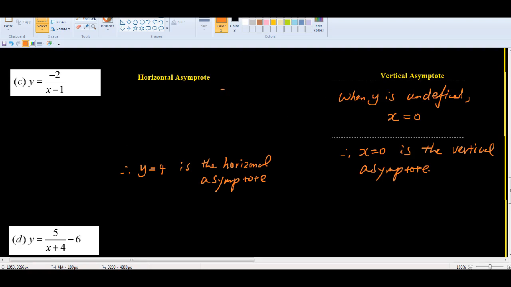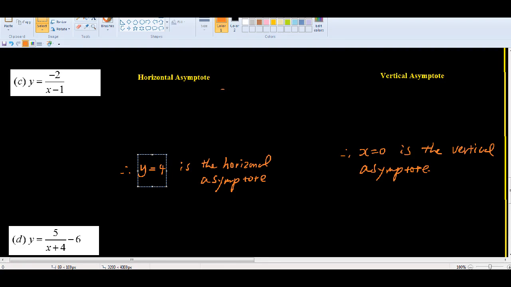Okay, I need to save some time for me to rewrite all the things. For horizontal asymptote, we need to consider when x tends to infinity. When x becomes very big, what happens?